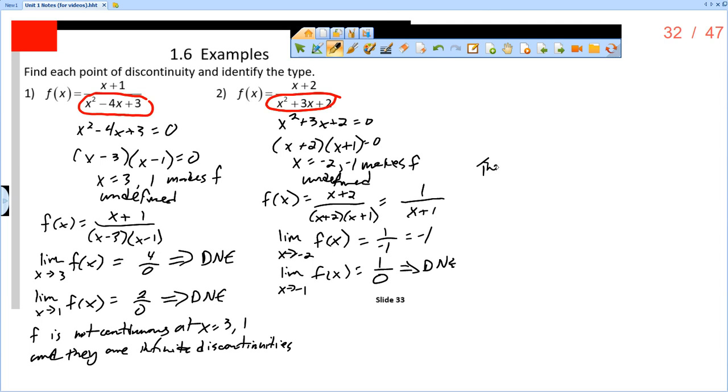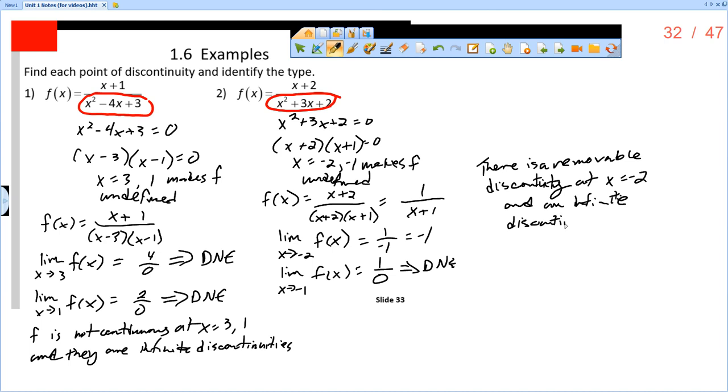And so we would say there is a removable discontinuity at x equals negative 2 and an infinite discontinuity at x equals negative 1.